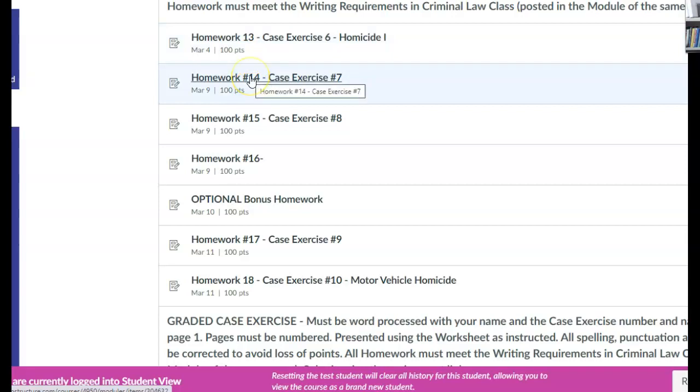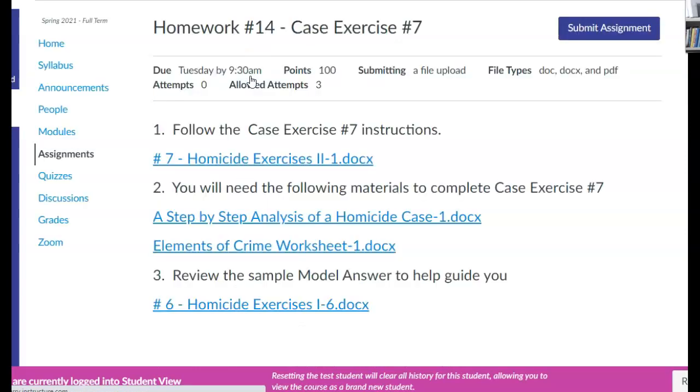Actually, I'm going to show you in homework 14 how things are now organized. So within each homework assignment, I have included the instructions. I have also included the forms you need to complete it, and as well a model case exercise answer, which I'm going to show you momentarily.